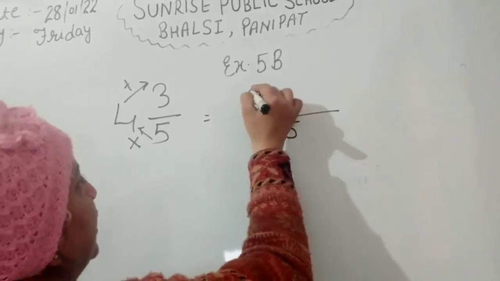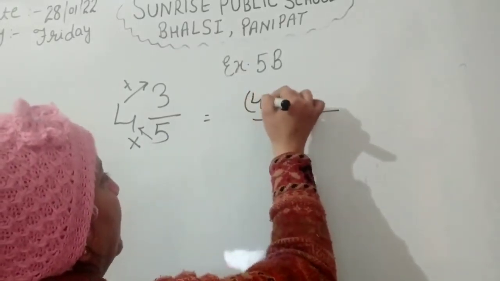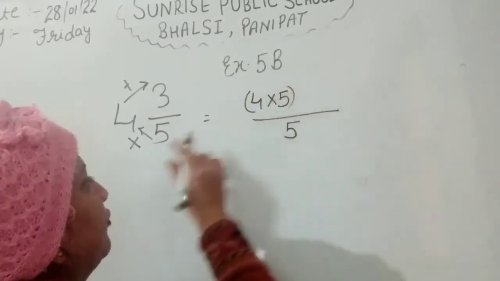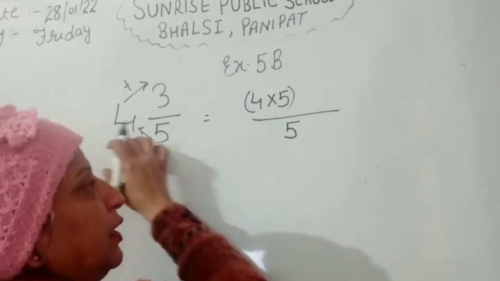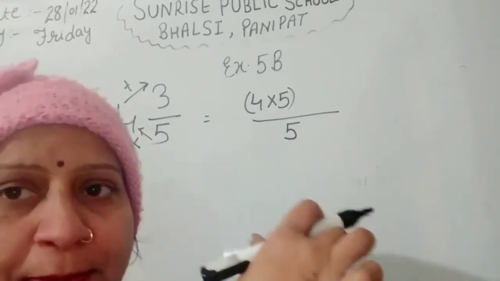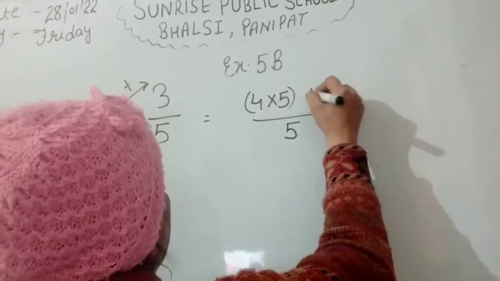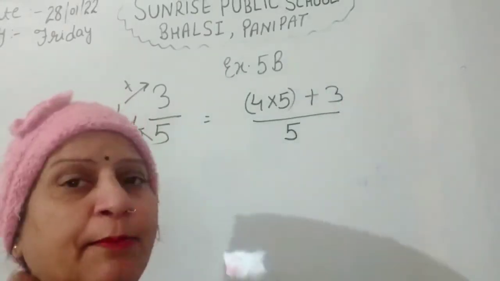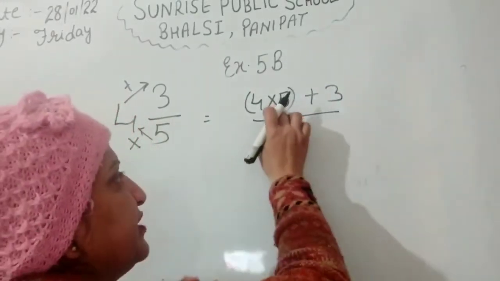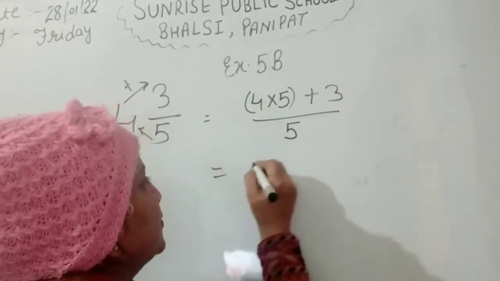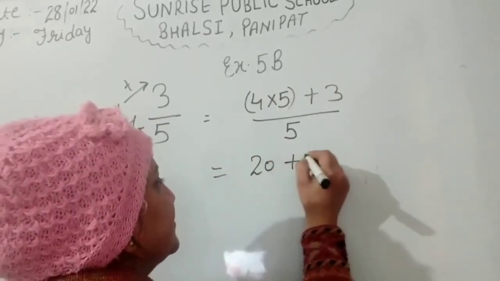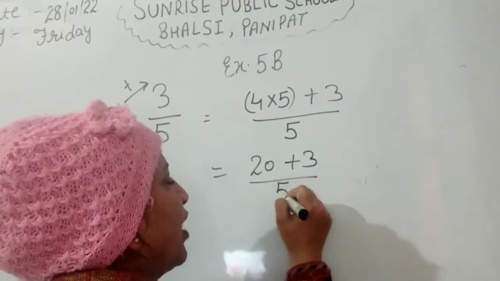Now we multiply 4 by 5, and after doing the multiplication, we add 3 to the number. By doing this, we get 5 fours are 20, plus 3, by 5.